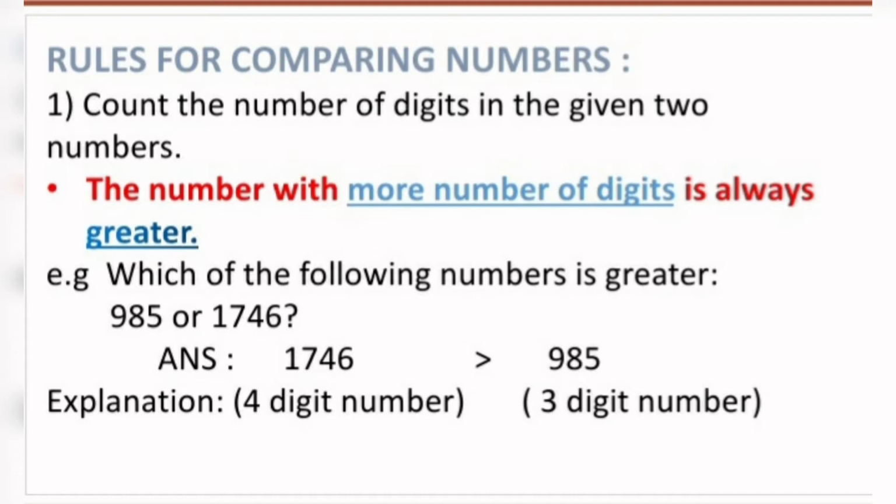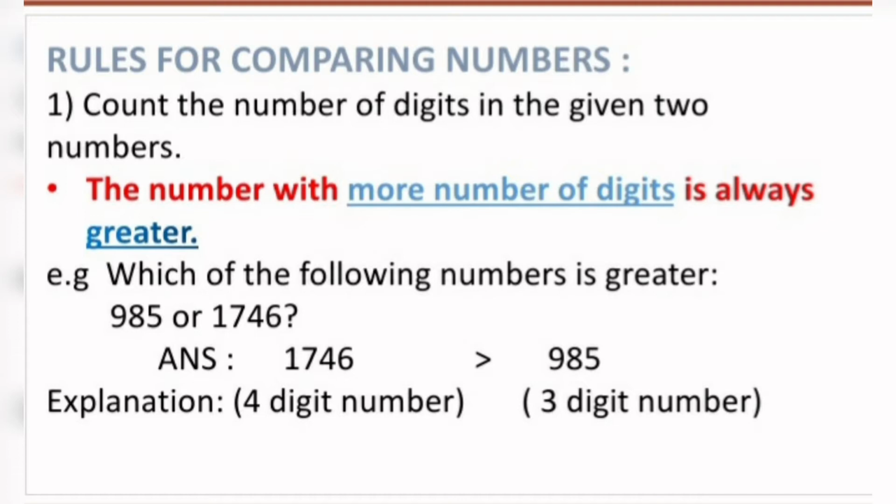First rule is that the number with more number of digits is always greater. For example, here you can see two numbers are given and you need to compare them. 985 and the second number given is 1746. Okay, 1746 is a 4 digit number, whereas the 3 digit number which is given on the right hand side is 985.